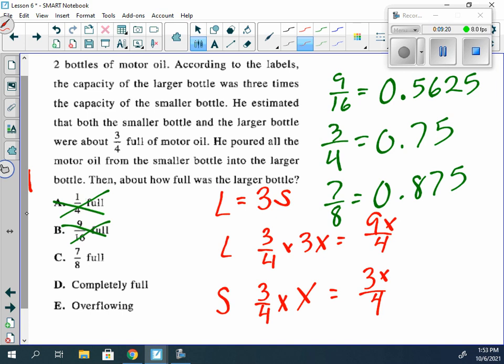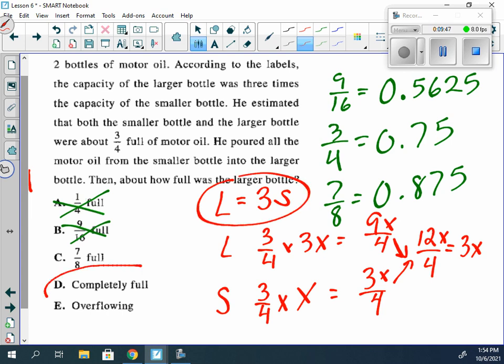Yes? Now, if I add these two together, well, the denominators are already the same, yes? What's 9 plus 3? 12 divided by 4 is? And this is in terms of the smaller, yes? Well, what's that the same as? So what is it? It's completely full.